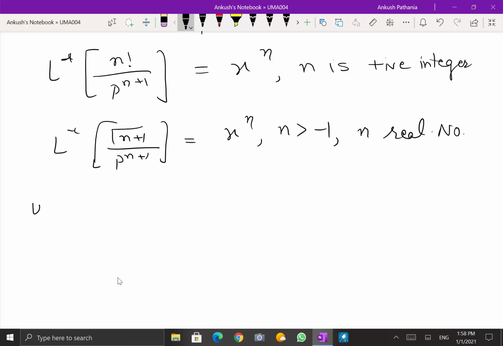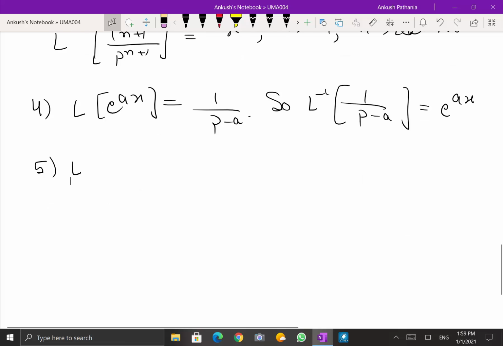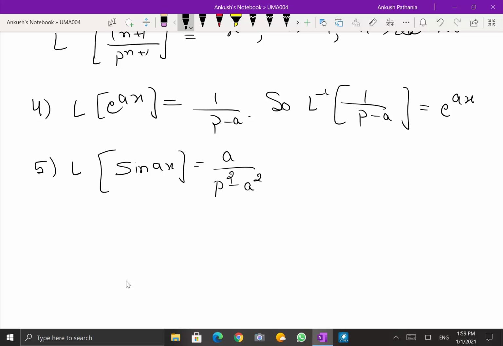Then you have your Laplace of e raised to power ax, that was 1 upon p minus a. So Laplace inverse of 1 upon p minus a is directly e raised to power ax. Similarly, you did it for sin ax and cos ax. So Laplace of sin ax was a upon p square plus a square, minus is for hyperbolic.